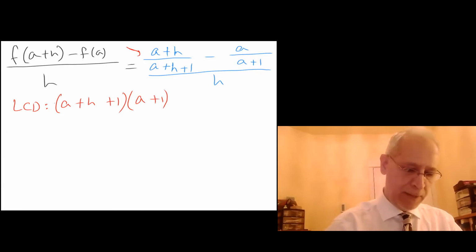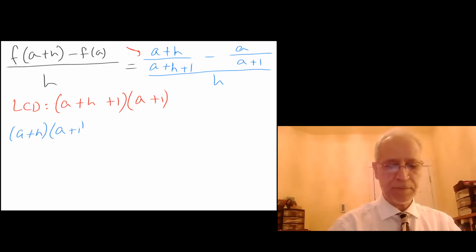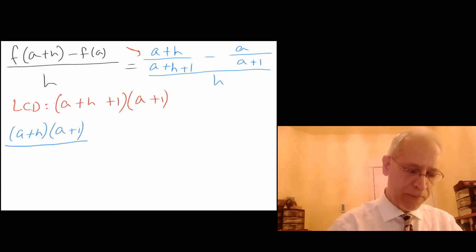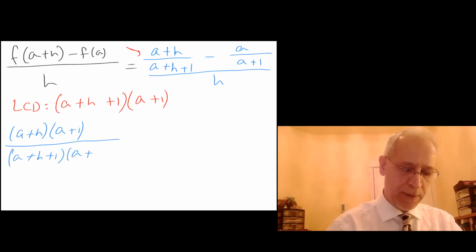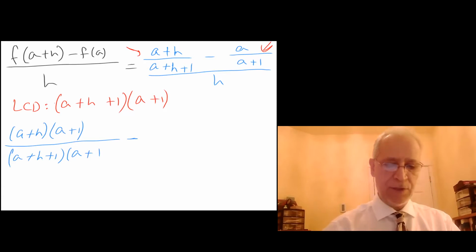So that gives me a plus h times a plus 1 over a plus h plus 1 times a plus 1 minus, I'm going to multiply top and bottom of this fraction by a plus h plus 1.